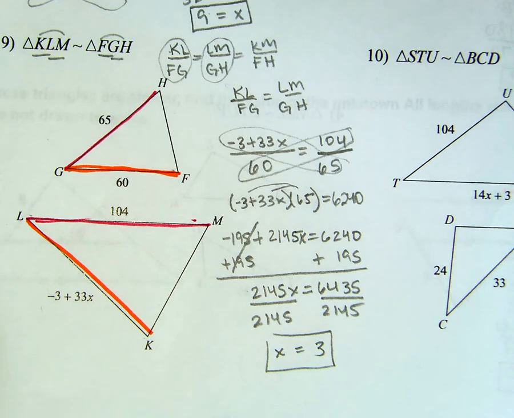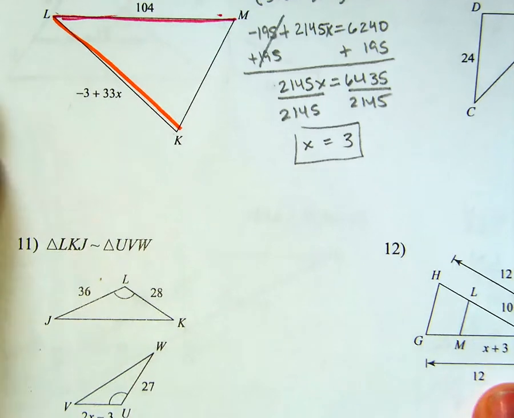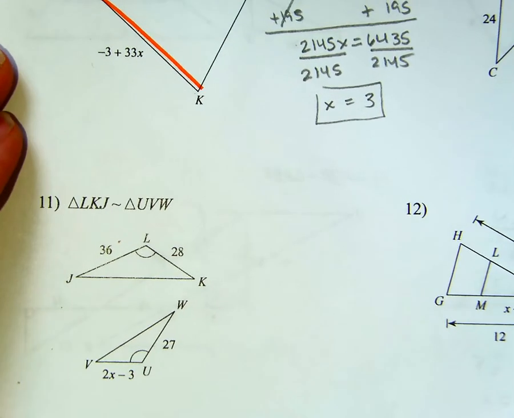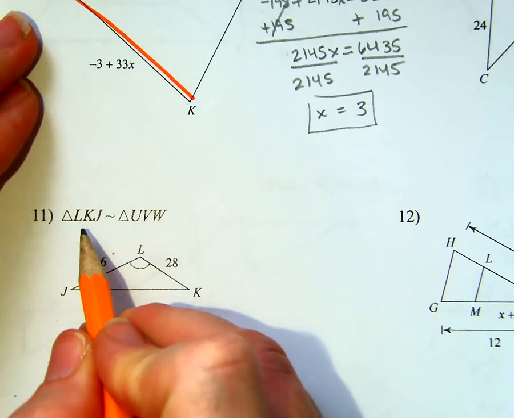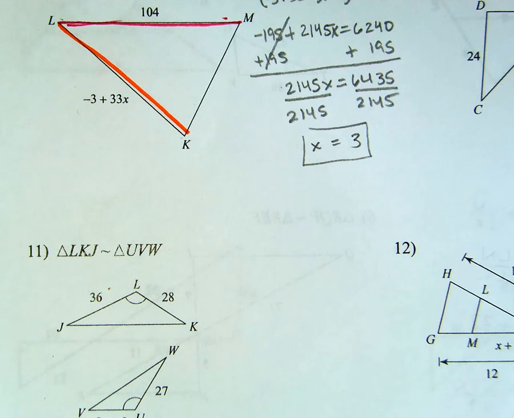All right, let's look at number 11. So similar problem here. We need to first find the relationships of the sides. So triangle LKJ is similar to triangle UVW.